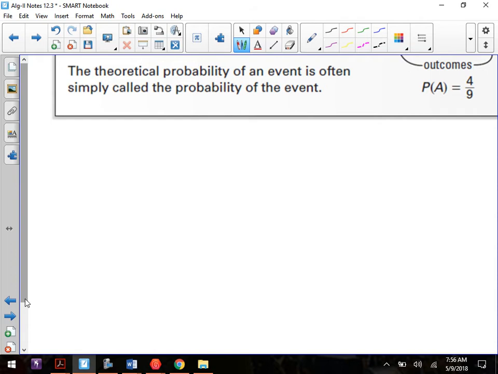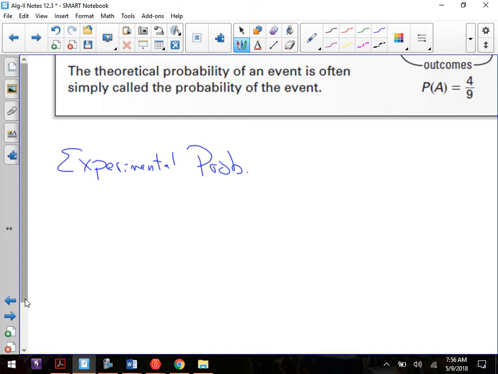There's a difference between what's called a theoretical probability and an experimental probability. An experimental probability is just that: if you sit there and flip a coin 100 times, you might only get 43 heads and then 57 tails.